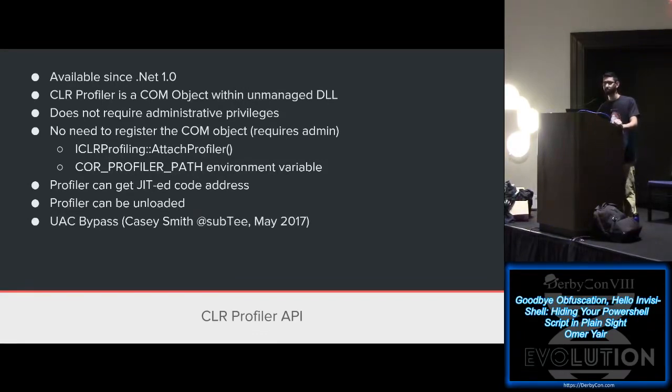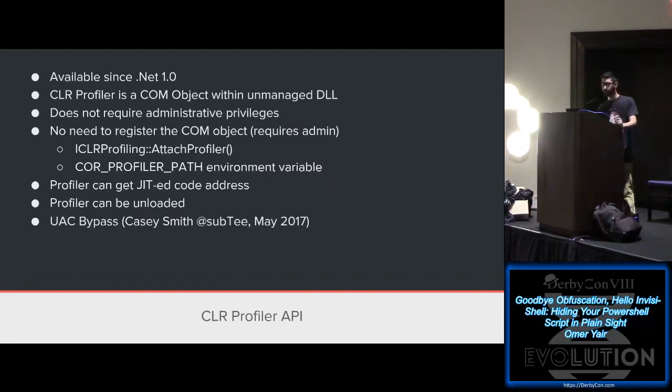And you also don't have to register it as a COM object. There are two methods to do it. You can either call the ICLRProfiler AttachProfiler to attach it to a running process, or you can use the environment variable CLR_PROFILER_PATH that will give you the same functionality to load the COM object from a path and not from the registry of the COM objects.